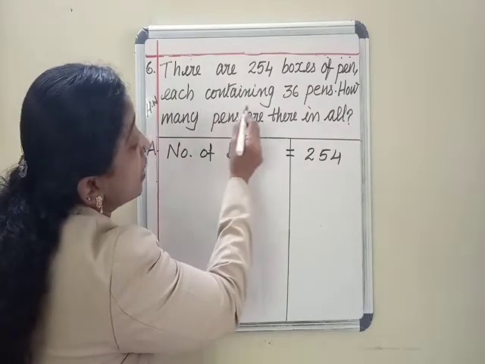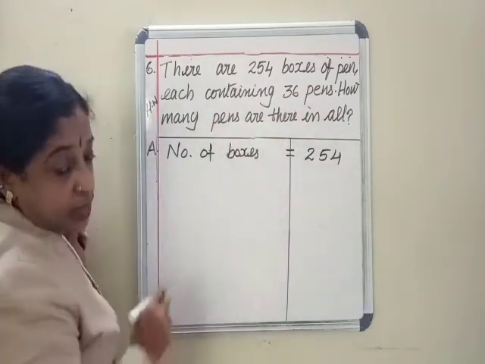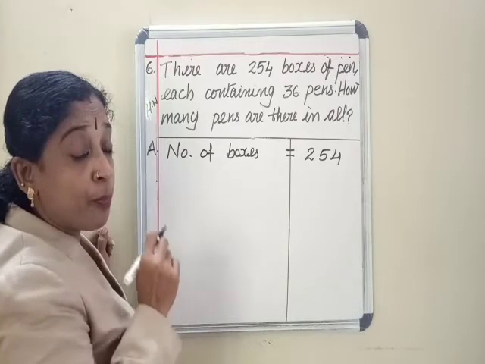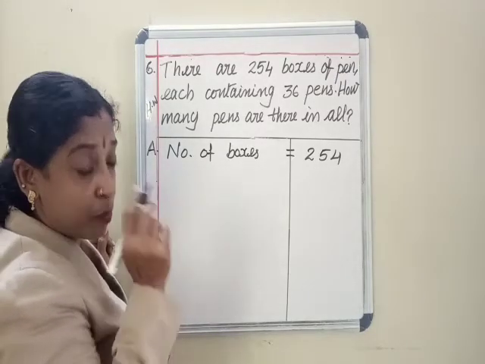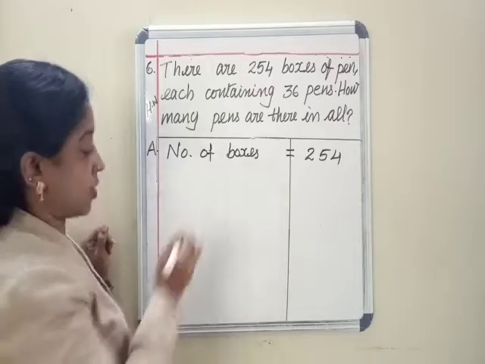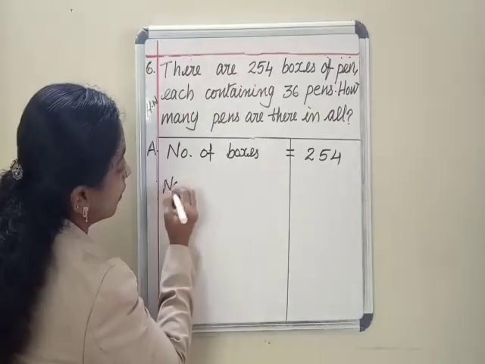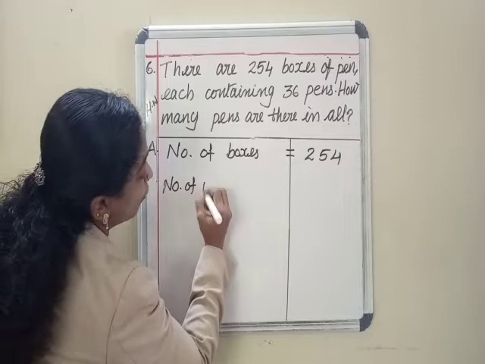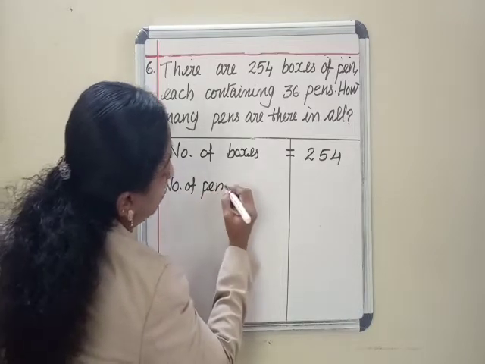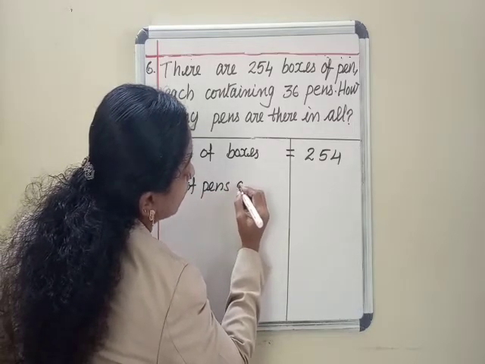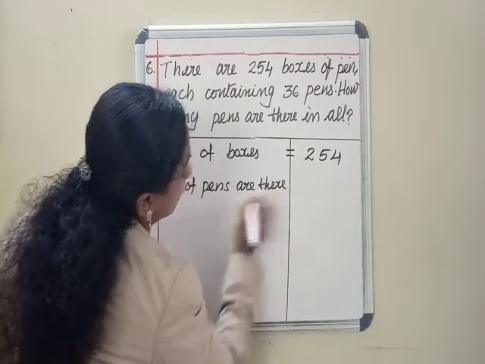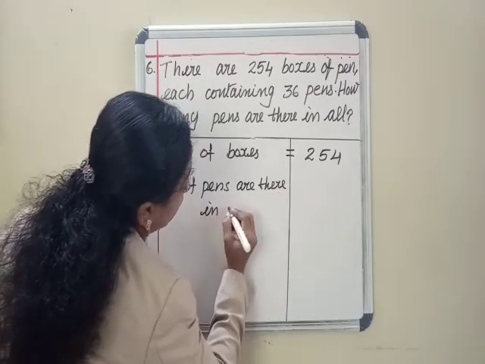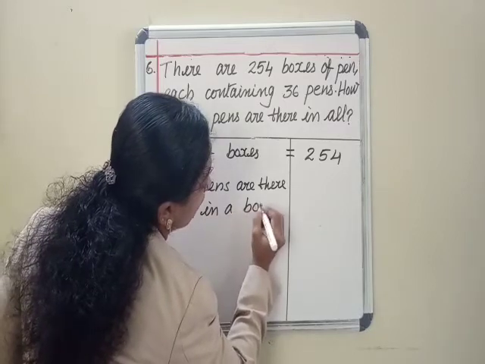Then, next one, each one containing 36 pens means number of pens are there in a box, one box. Then we can write number of pens are there in a box.